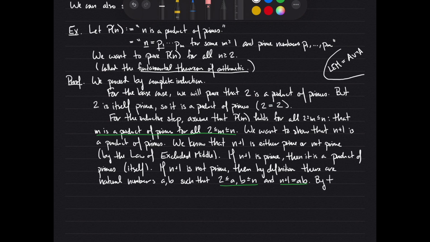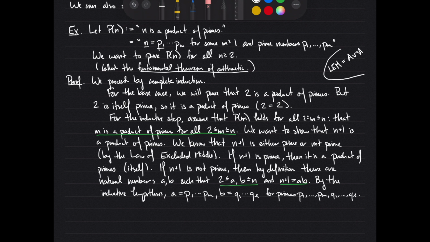So we can say by the inductive hypothesis, a is equal to some product of primes. So let's say it's equal to that product, and b is equal to a product like this. And let's just point out that these guys are primes.